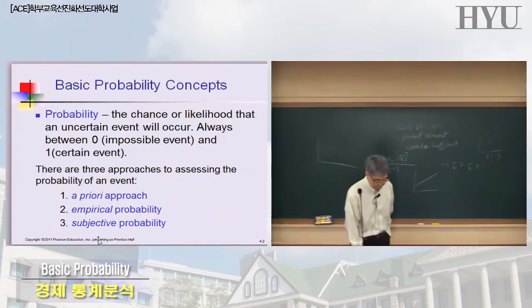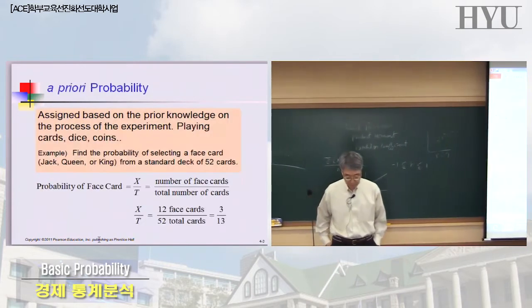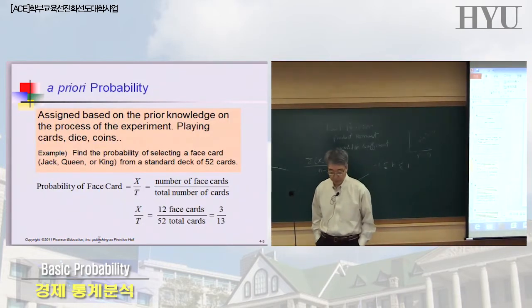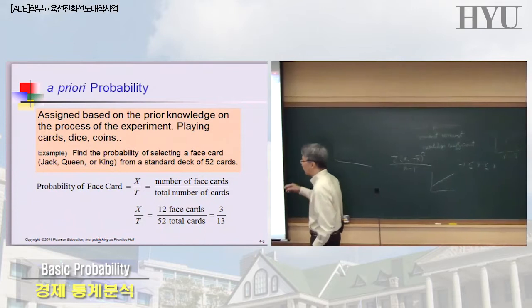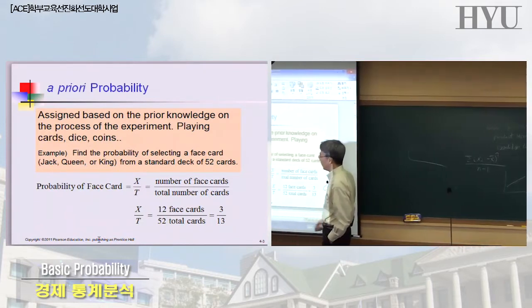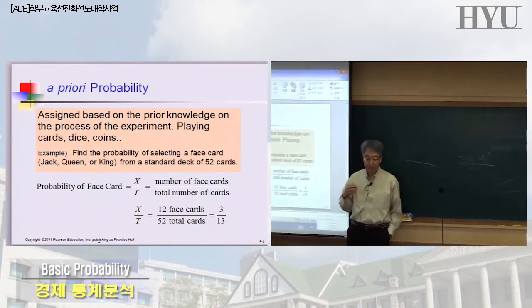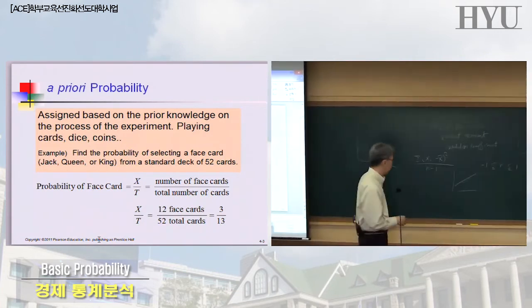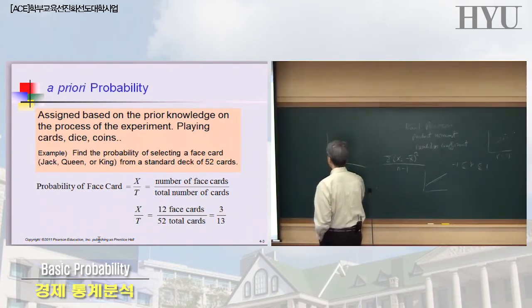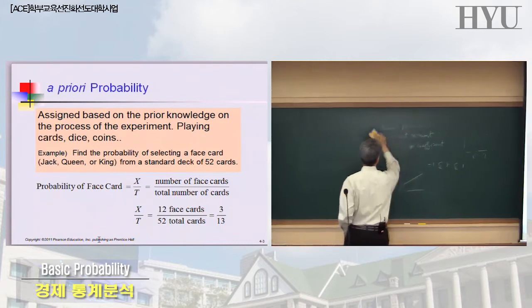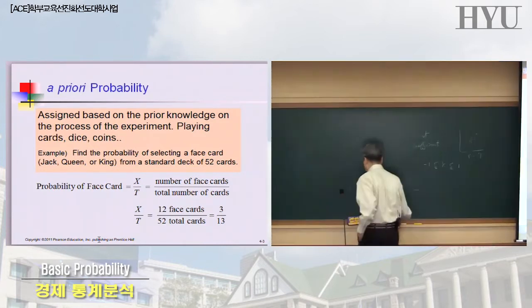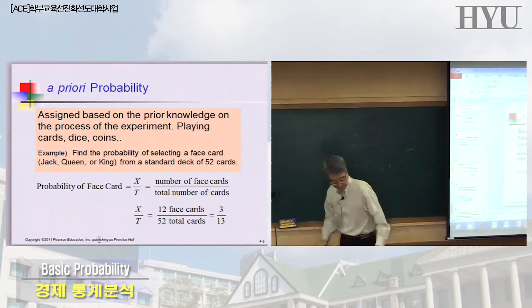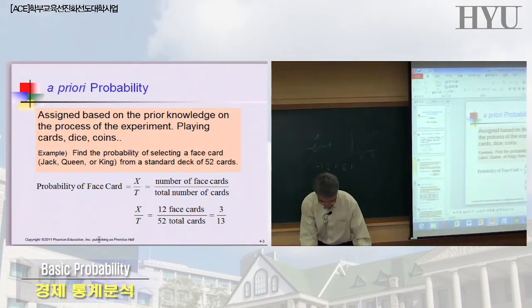The a priori approach in calculating probability is using prior knowledge, something that we already know. And many times it's called the classical approach.